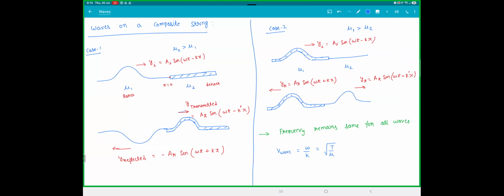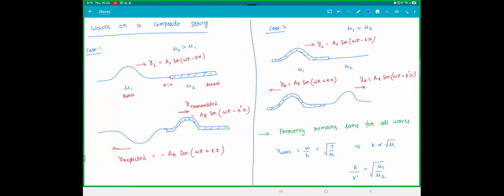So since omega will remain the same, and tension will remain the same because it is the same string, we can say k is proportional to root mu. This is a relation between them. So k by k dash is given by root over mu1 by mu2. So the value of k will change on both sides. The wavelength will change. So when a wave goes from one medium to another medium, the wavelength changes.